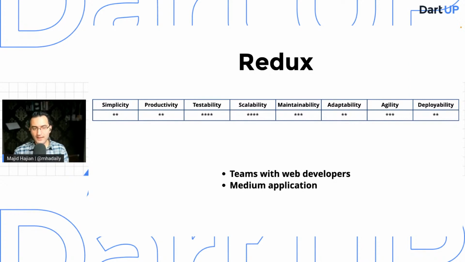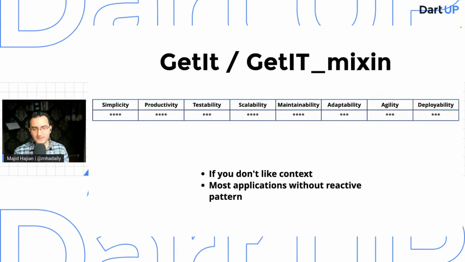All right. And another one, the last package that I chose based on all of those criteria and the categorization that I did, was GetIt with GetIt mixin. This was very simple compared to the others. GetIt is a service locator concept for dependency injection. Together with the mixin, it makes a very good solution for state management.